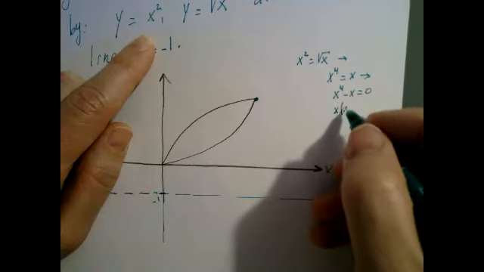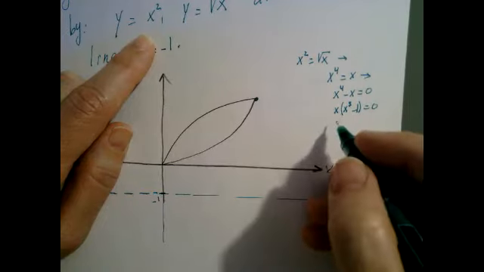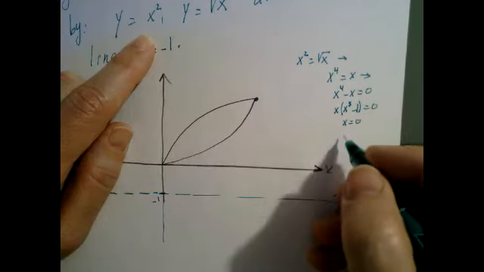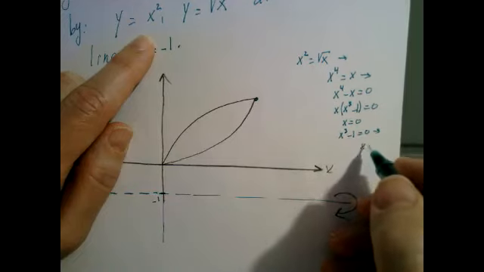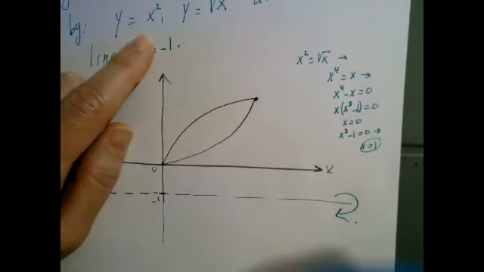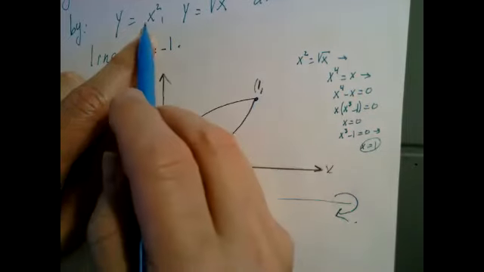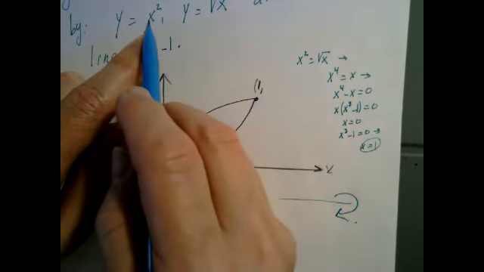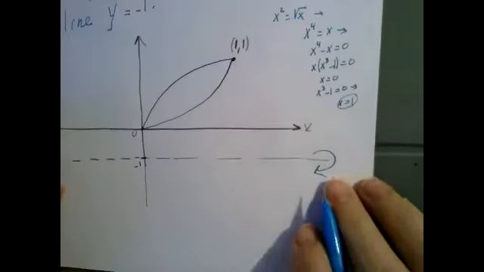We factor out the x: x times (x cubed minus 1) equal to 0. It will give me x equal to 0, and x cubed minus 1 equal to 0, so x equal to 1. So this is my 0, and this is 1. If this is 1, the second coordinate, whether you plug it here, it's 1, you plug it here, it's 1. I have my region. So that's really the easy part.